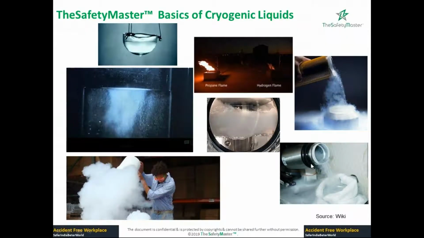You see on the flask here someone pouring liquid into another bucket. This is liquid hydrogen, and the one in the center is solid carbon dioxide and liquid carbon dioxide. This gives an idea of how these liquids look, and they are at very low temperature, so there are hazards of frostbite and hypothermia, which I'll come to later.